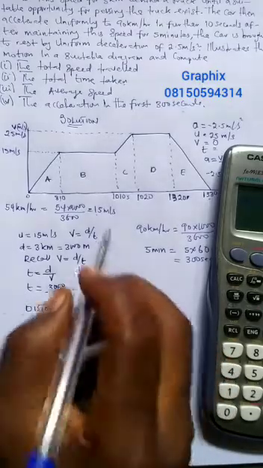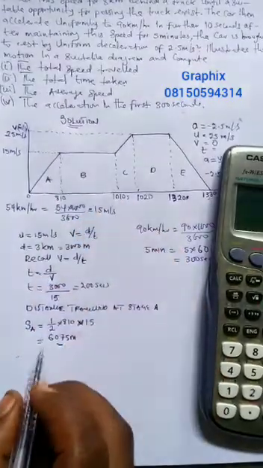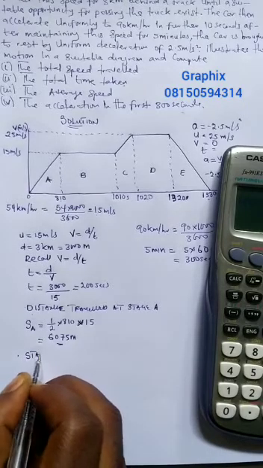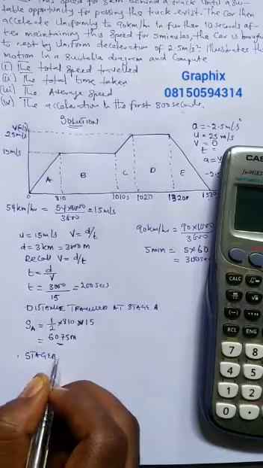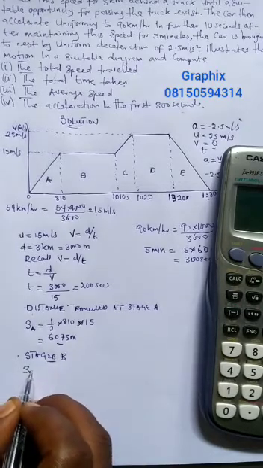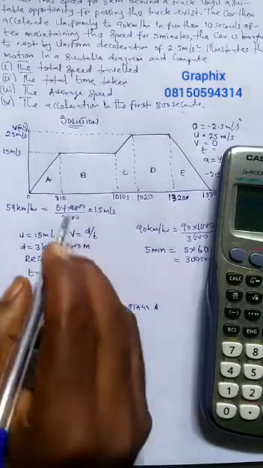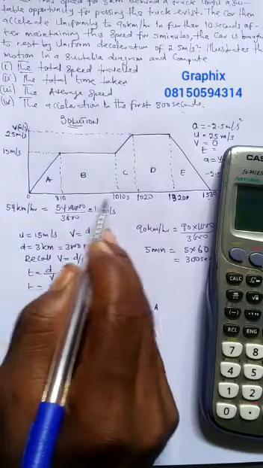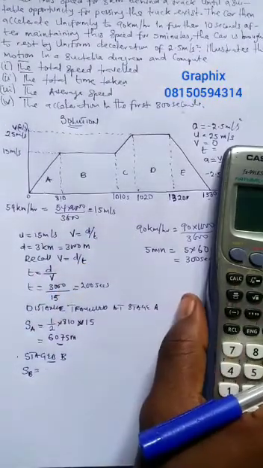So the second stage is a rectangle. So we say my S at stage B is a rectangle. So we say SB is equal to what? Length times breadth. So the length here is 810 to 1010.